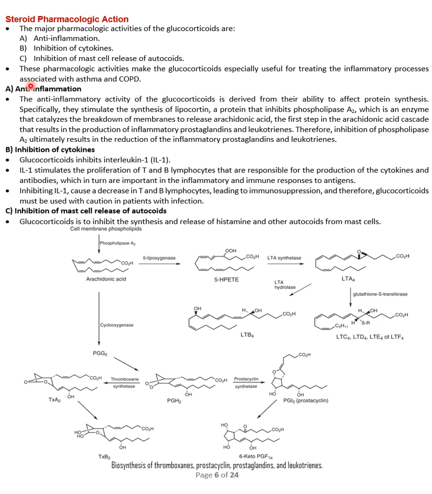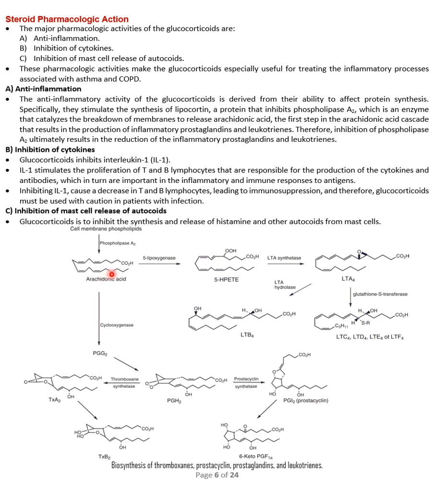The first anti-inflammatory effect of the glucocorticoids is by stimulating the synthesis of a protein called lipocortin. This protein inhibits the phospholipase A2 enzyme. This enzyme is responsible for converting the phospholipids that come from the degradation of the cell membranes into arachidonic acid.